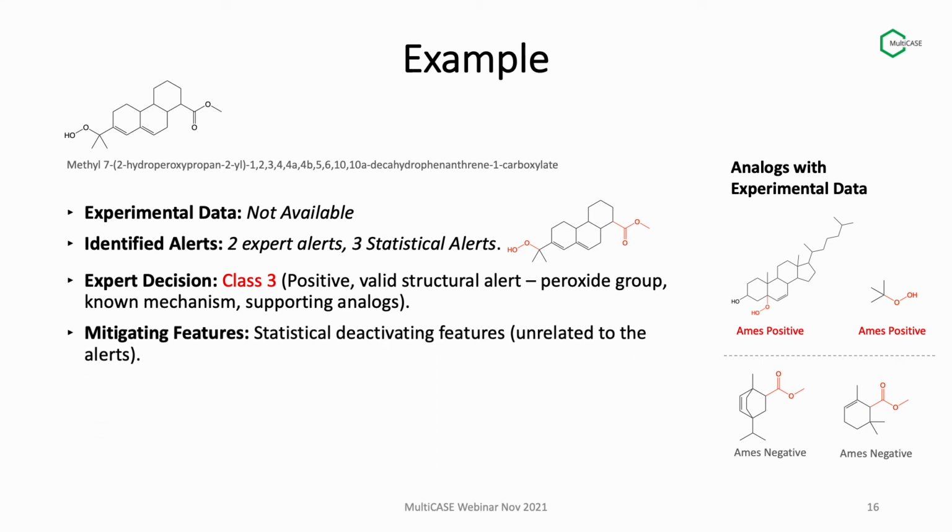Now, there are some mitigating features present, not required in this decision making process, and we also found that they are not related to the alerts, so they are not really meaningful. And the default model outcomes, as you can see here, are actually contradictory: negative from the statistical system, and the expert rule-based system gave us positive. But we already did our analysis and found that there are valid alerts and it's most likely a class 3 compound.